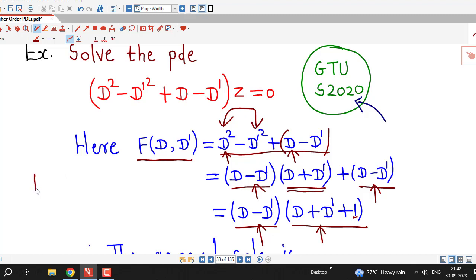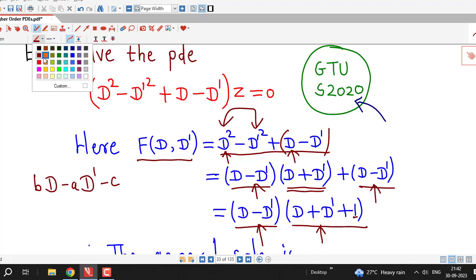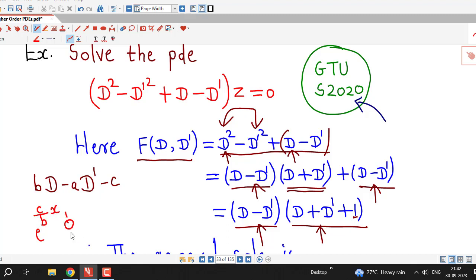Now as we have discussed, if we have a linear factor in the form bD minus aD' minus c, then the part of the general solution corresponding to this linear factor is e to the power c by b times x, an arbitrary function of by plus ax. So we will compare the factor D minus D' with this standard form.